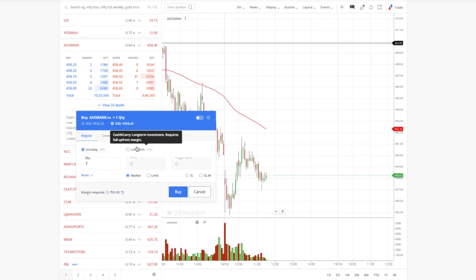In simple words, your time horizon for staying in the trade is more than one day. If you do intraday, by the end of the day your positions will automatically be squared off, meaning your net position will be zero. If I buy one quantity, by the end of the day my net quantity will become zero once again. Why? Because my positions will be squared off by the end of the day.